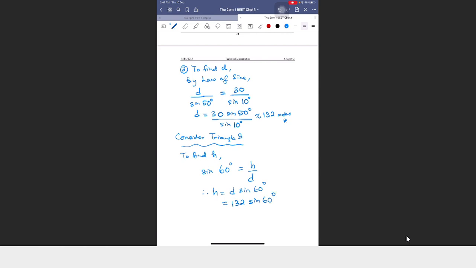If you use a calculator, you get around 114 meters. So therefore, I can conclude the height of the building is 114 meters.